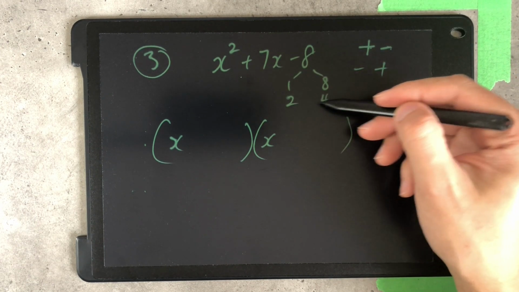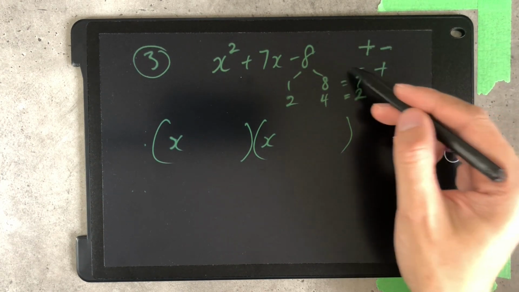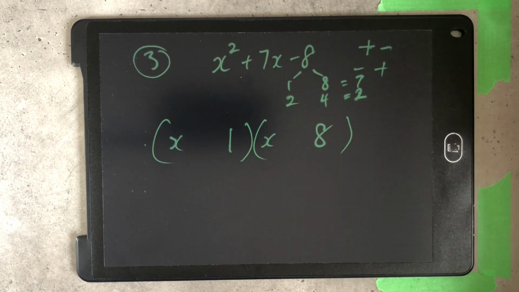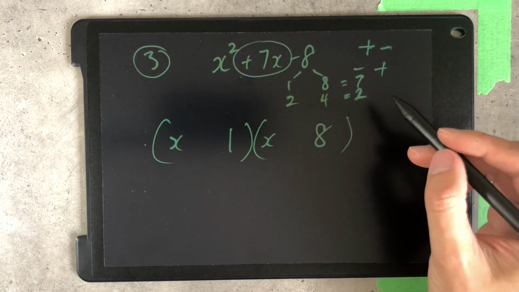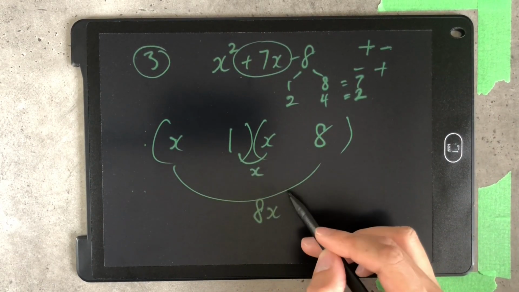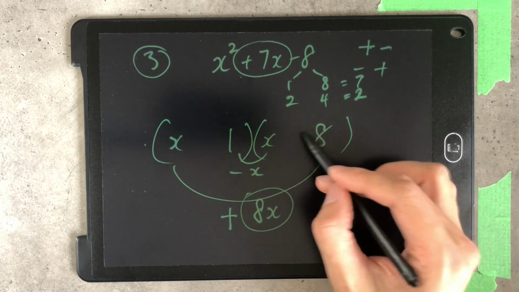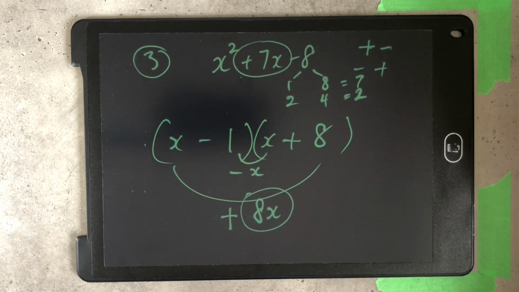The difference is 2 here and 7 here. So 1 and 8 will fit in. Now we have to look at the sign. Since we have a positive 7x, we have 8x here and x here. So the bigger one has to be positive and the smaller one negative. So the one next to the 8 is positive, next to the 1 is negative, and we're done.